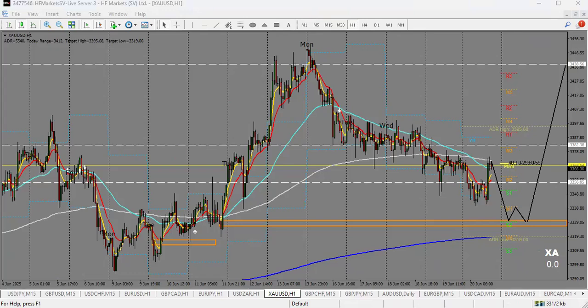So last week we had quite a number of fundamentals, but the volatility was not as much as I expected.